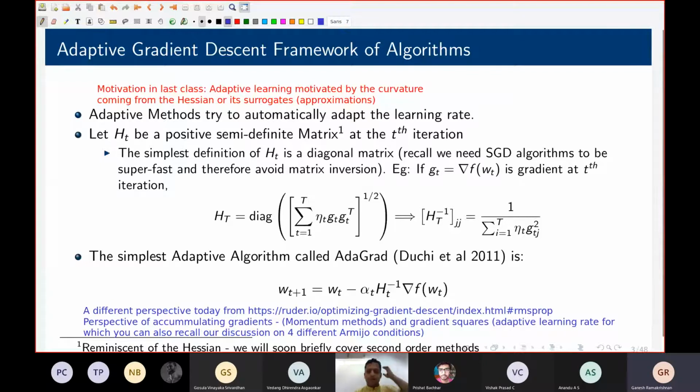Now, from that perspective, gradient square accumulation, which is very closely related to curvature, is what gives rise to adaptive learning rates. That's a kind of connection.